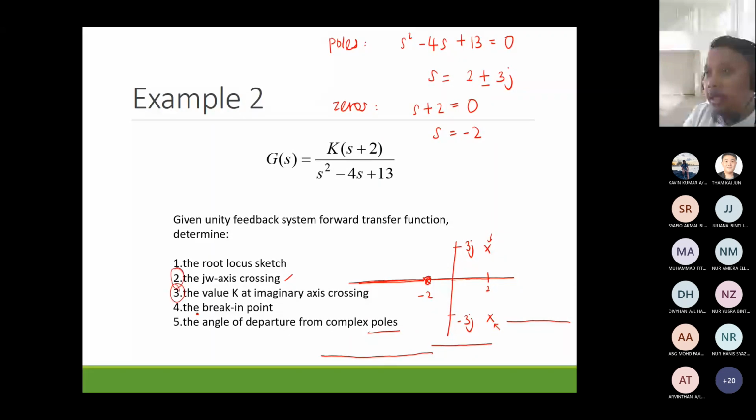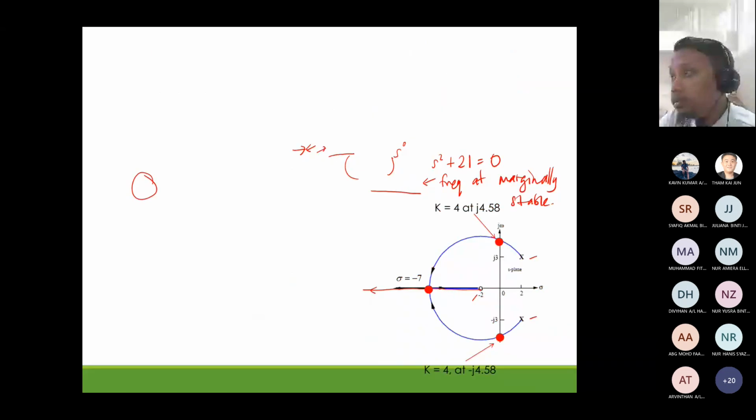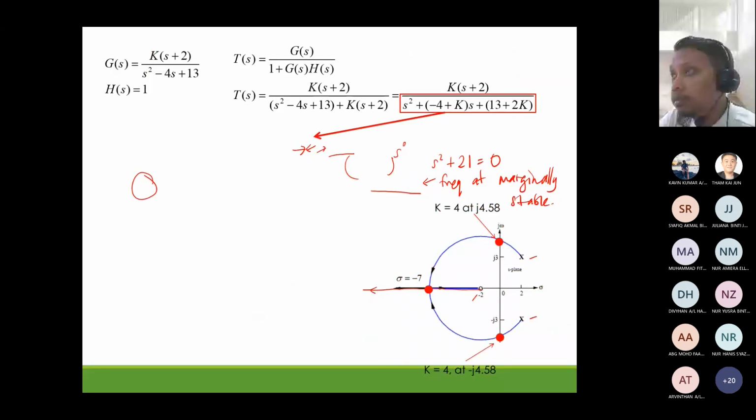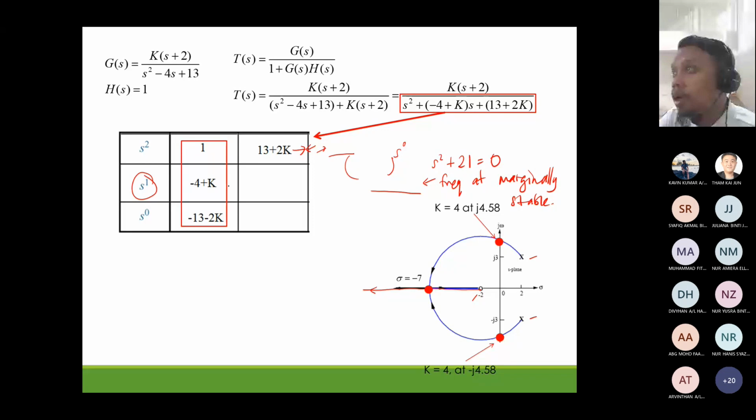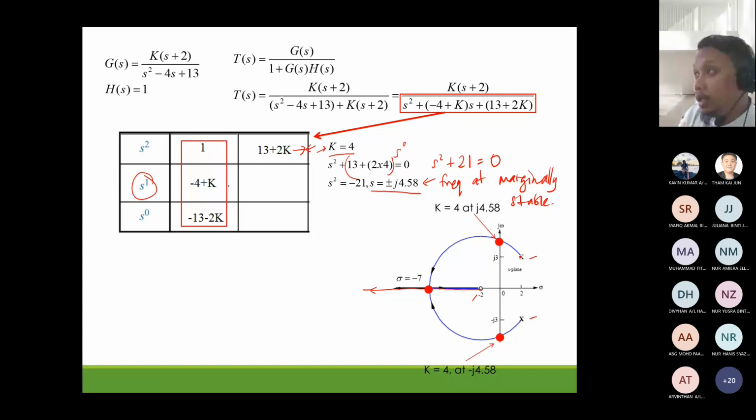Now we need to find the breaking point. Why do we have a breaking point instead of breakout points? We know that there's a pole here and a zero here. The root locus must start from poles and end at zeros.